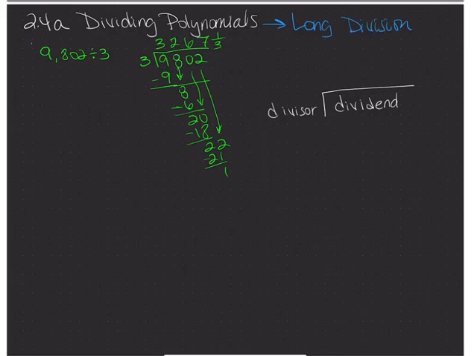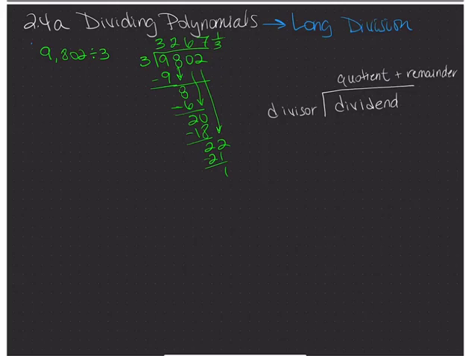The answer that you get is called the quotient. And then you may or may not have a remainder. Right? Sound good?